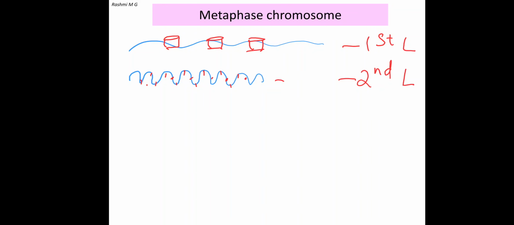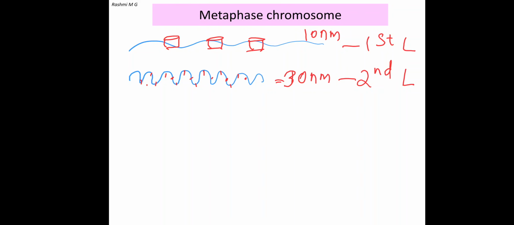How many nanometers was it? The first, beads on a string, is 10 nanometers and this was 30 nanometers. Now we are studying the third level, that is metaphase. In the metaphase chromosome, what happens?